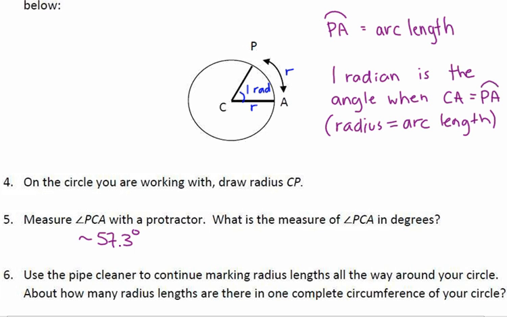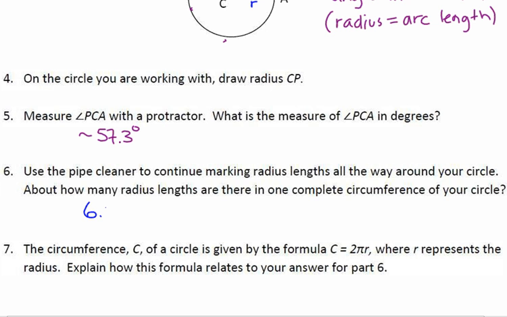This is 2, 3, 4, 5. You should get 6.2 times. So in 360 degrees, it's 6.2 radians, approximately.